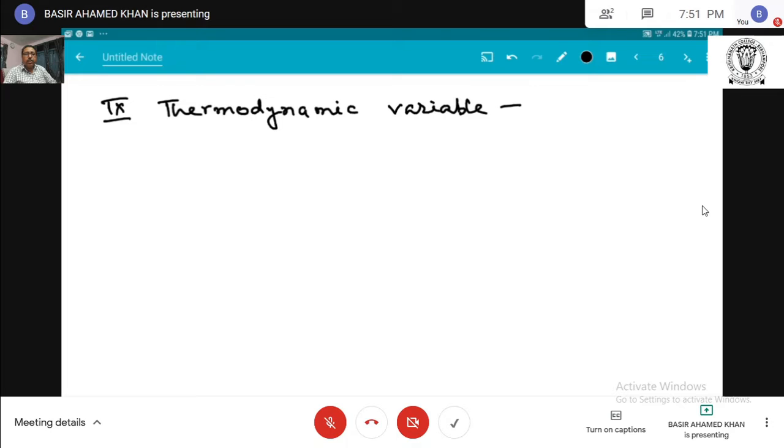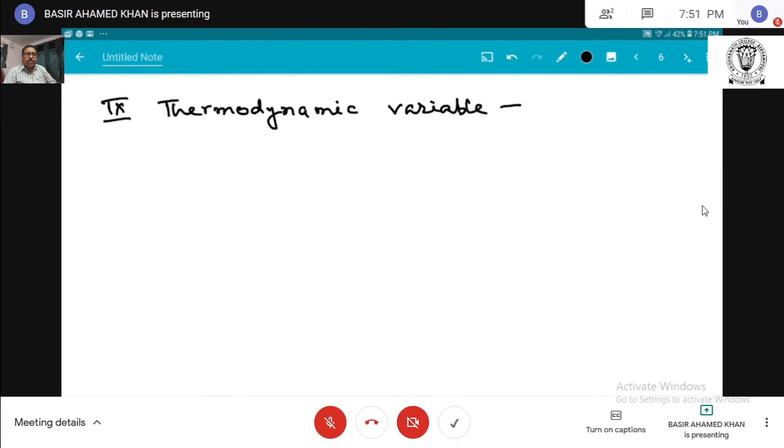I repeat again, what is a thermodynamic variable? Suppose I want to describe a thermodynamic system in thermodynamic equilibrium condition. To specify this system we need some parameters, but we know that in thermodynamic equilibrium there is no change between the system and the surrounding.